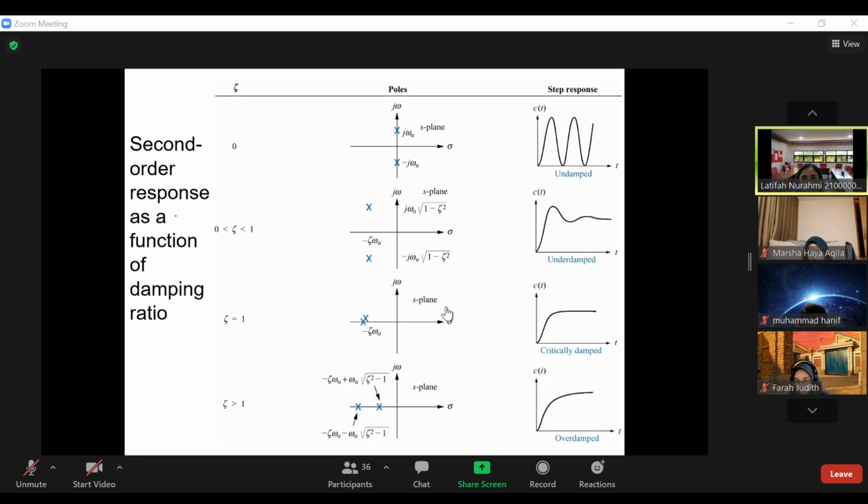Now let's see the classifications of the system, the second order system. Second order response as a function of the damping ratio. The damping ratio is also important. It makes your system respond fast, but you will have more oscillations.